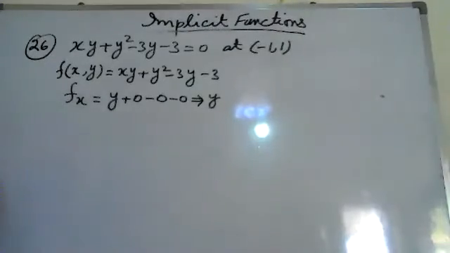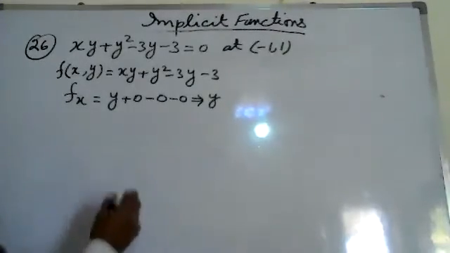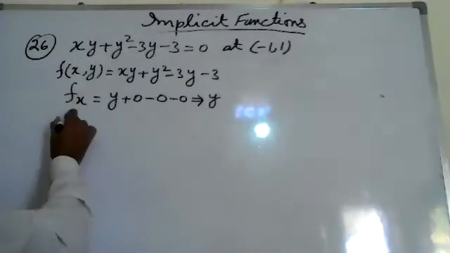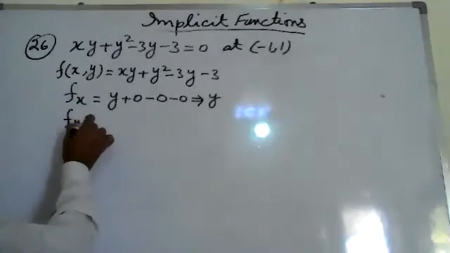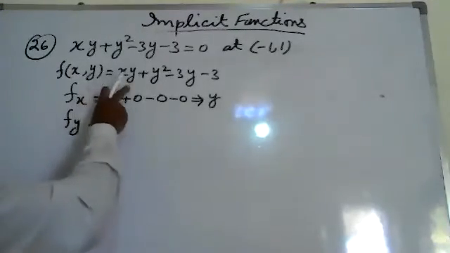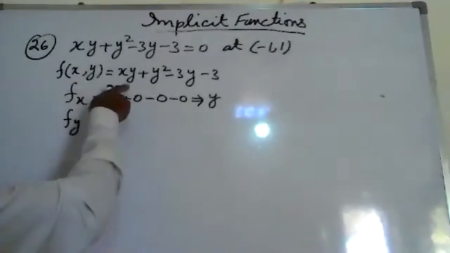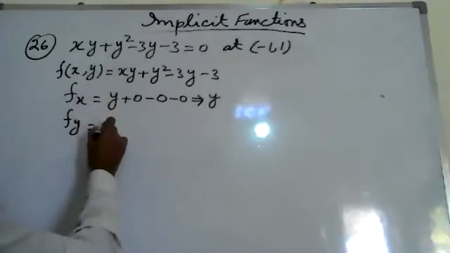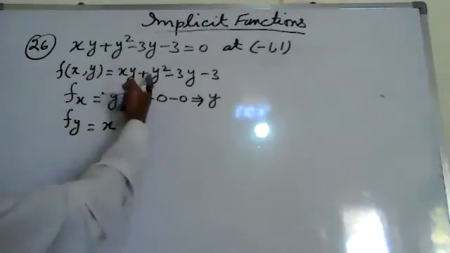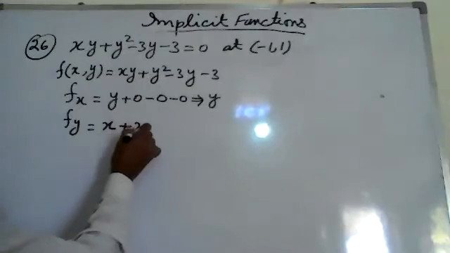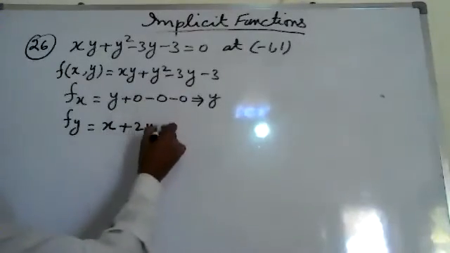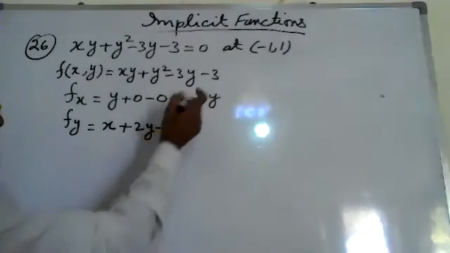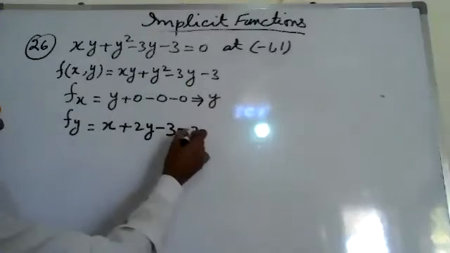Now we will find f of y. There is y, the derivative of y will be 1. X is considered as constant, so 1 into x will be x. Derivative of y square will be 2y. Derivative of minus 3y will be minus 3. Derivative of 3 will be 0.